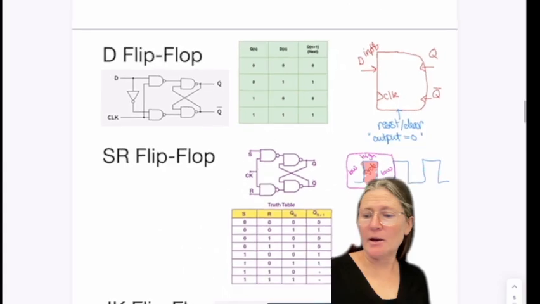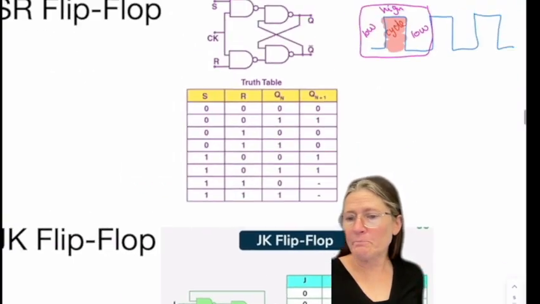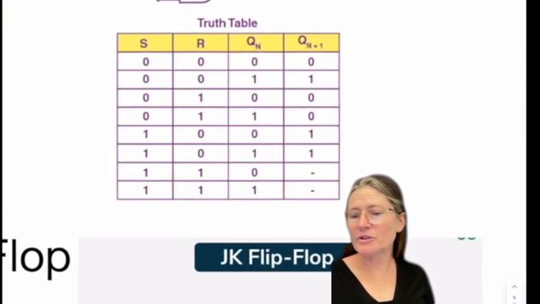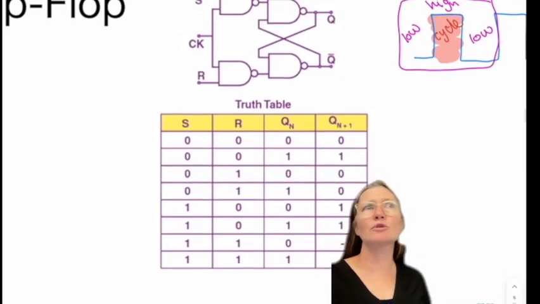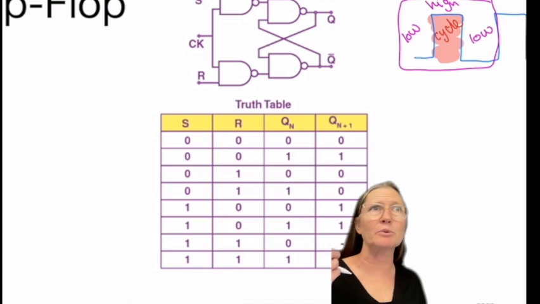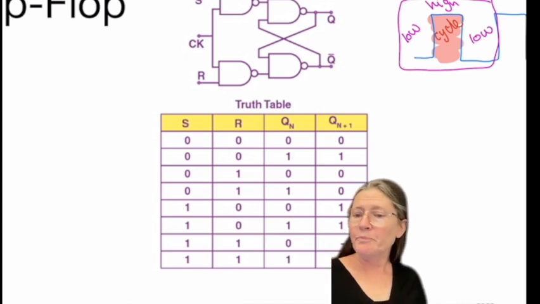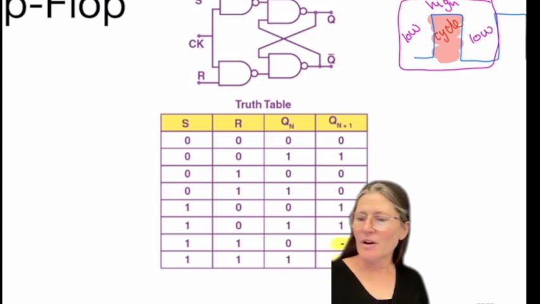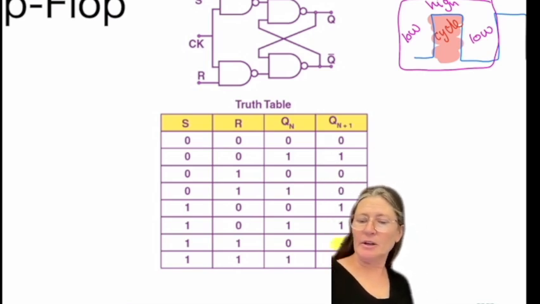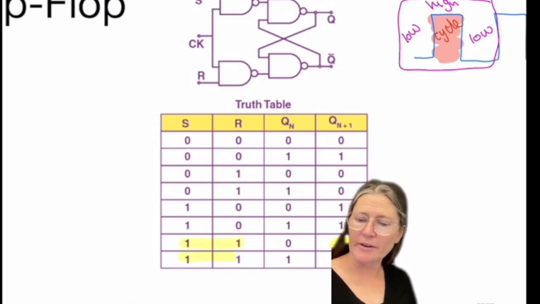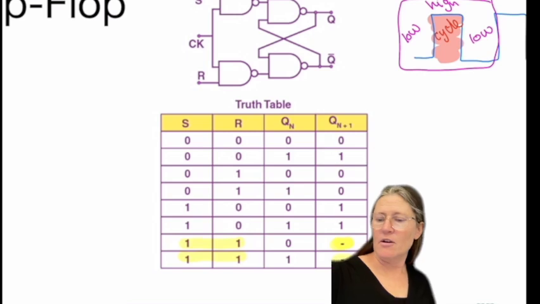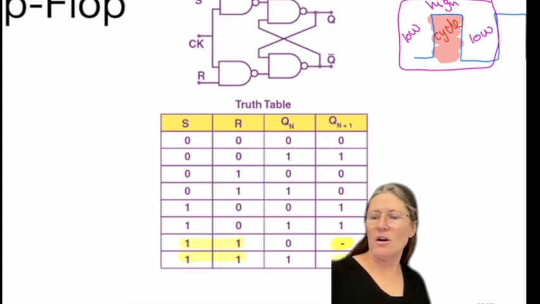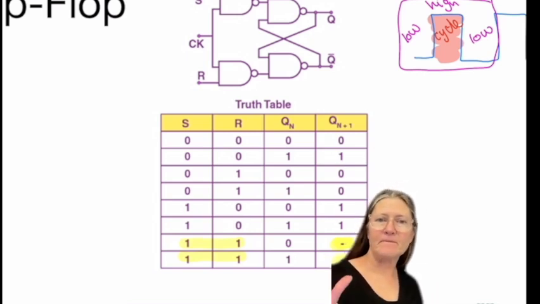Okay. SR flip-flop. In an SR flip-flop, it's just a little bit more complicated because you have two inputs now instead of just the single input. The issue with this one is that you have an issue when both the S and the R are 1.